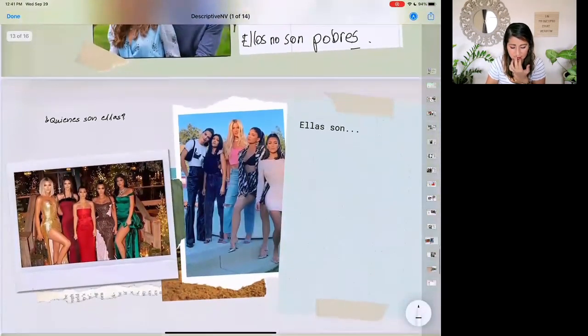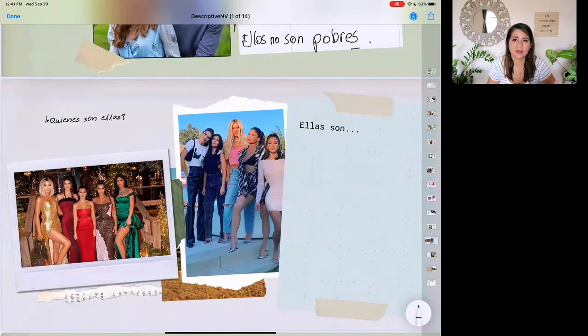Ok, ¿quiénes son ellas? Ellas son las hermanas Kardashian Jenner. Ellas son muy famosas. Son 5 hermanas. Kourtney, Kim, Kylie, Khloé, and Kendall, right? Ellas son 5 hermanas famosas.